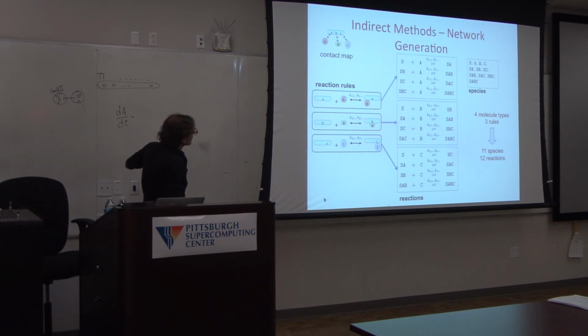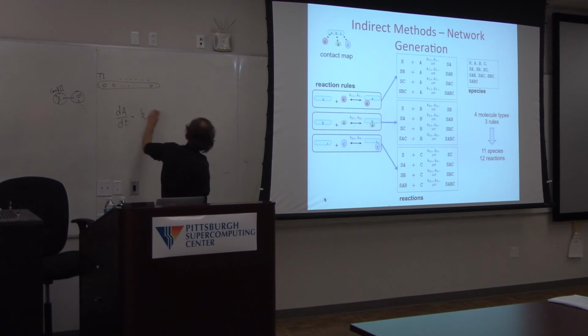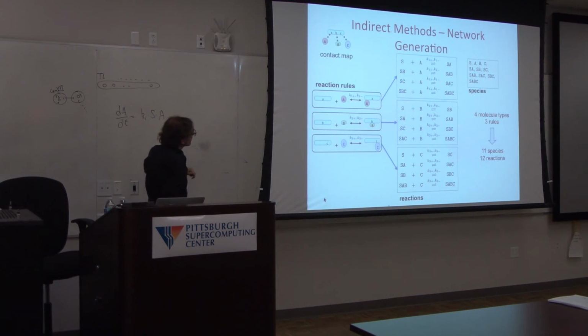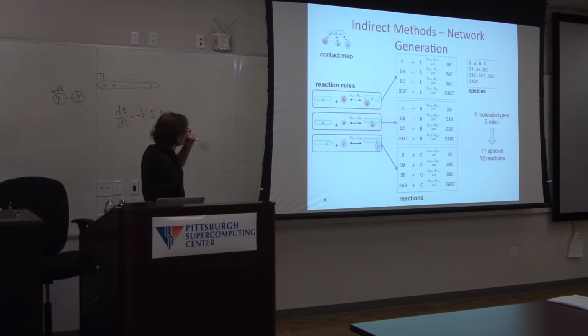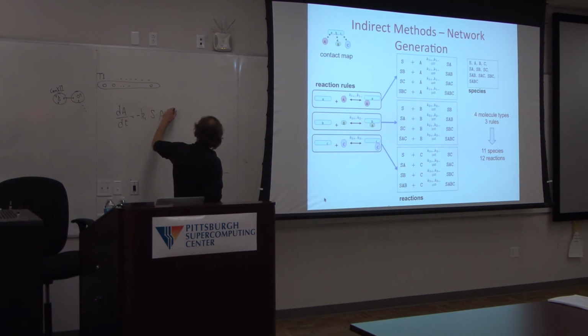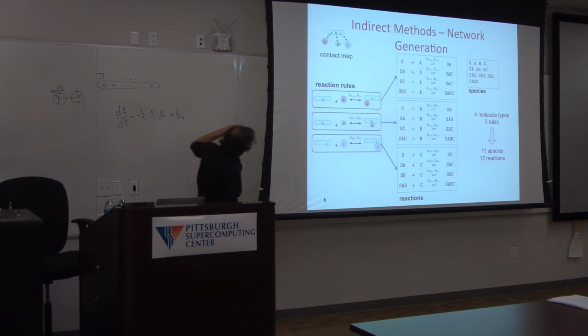So we would have, for example, a term K1 times the concentration of S times the concentration of A from the first reaction, and it would be a minus, right? Good. And then the reverse of that would be plus K minus 1. I think that's what you use here. He calls it K1 minus. OK.